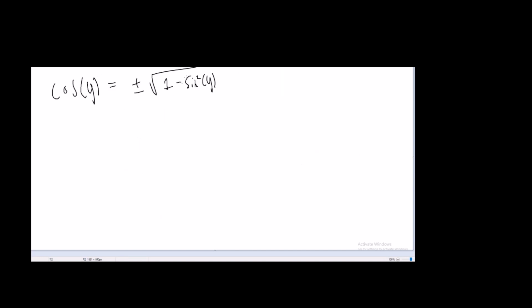Well, okay, so cosine of y should be equal to plus or minus the square root of 1 minus sine squared of y. But remember, y is equal to sine to the negative 1 power of x, but the inverse of a trigonometric function will always just be equal to some angle.